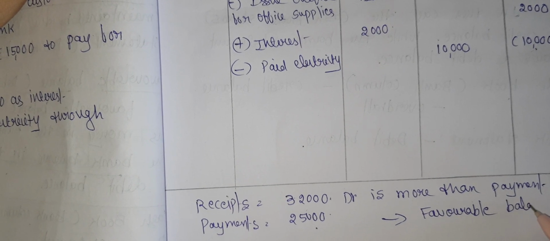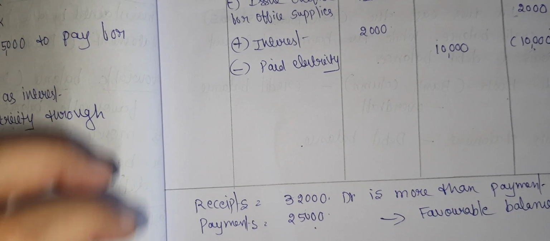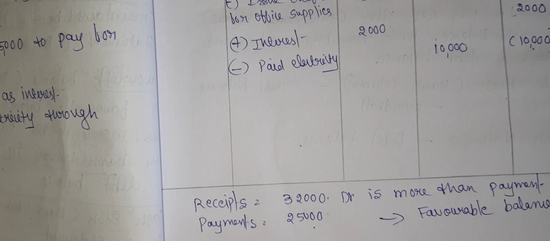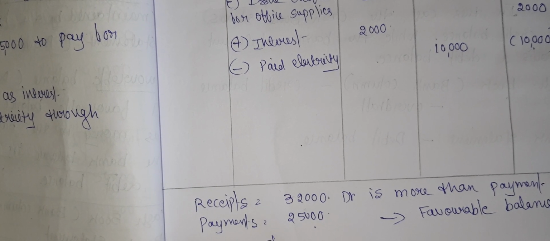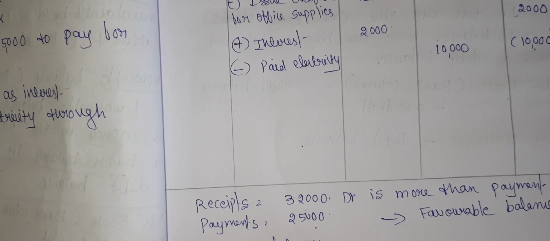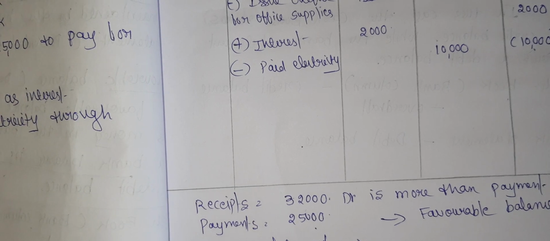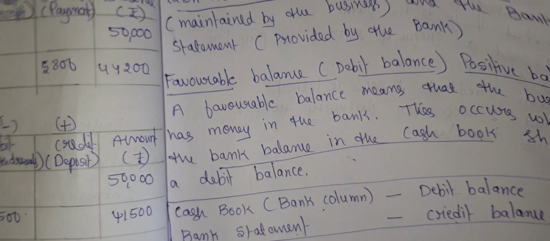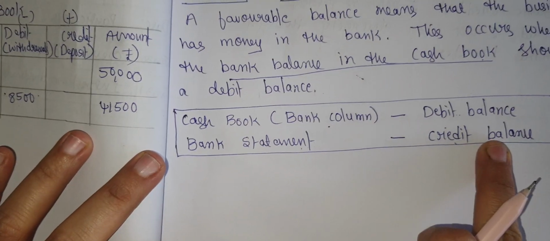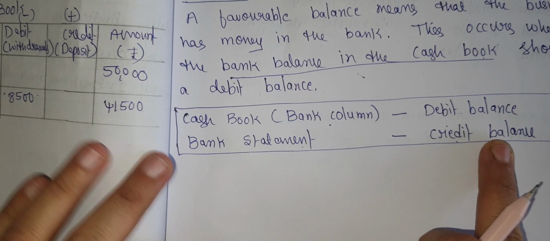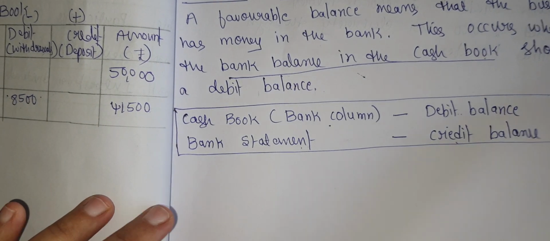It means favorable balance. And in the bank statement, what happens? Bank statement, see the rule. Bank statement, credit balance. It means what? It means favorable balance.